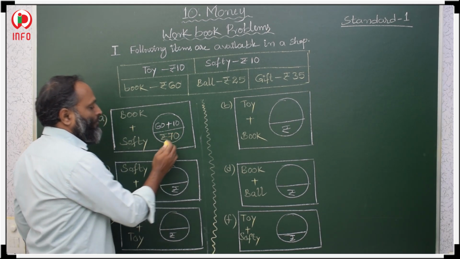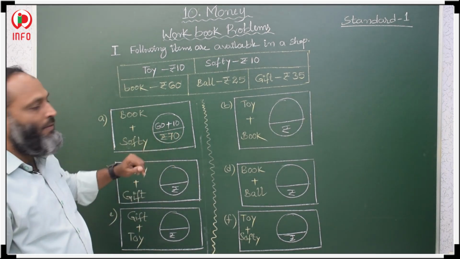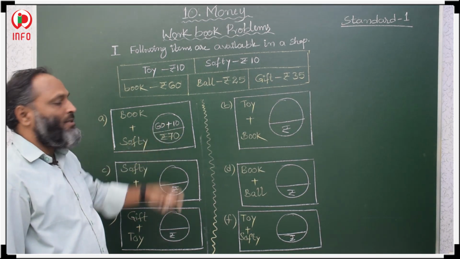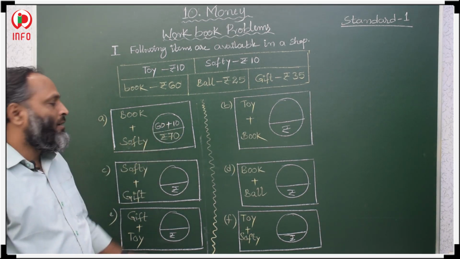The total price is 70 rupees. Book price is rupees 60 and softy price is rupees 10, so the total is 70.